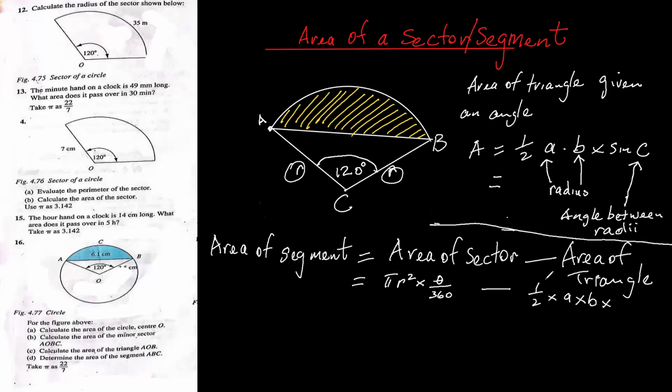Let's write this clearly. Sine C. All right. So I'm doing question, so please don't go anywhere yet. I'm doing question 16.